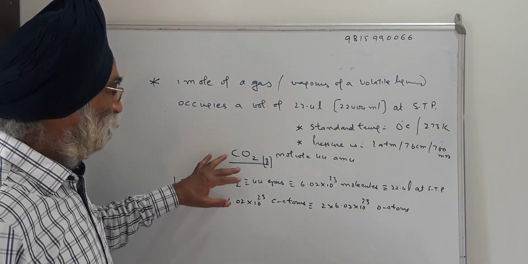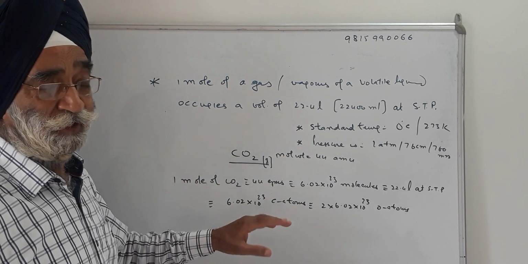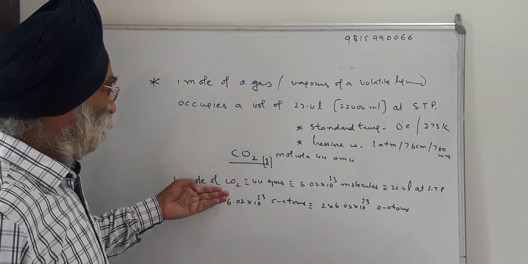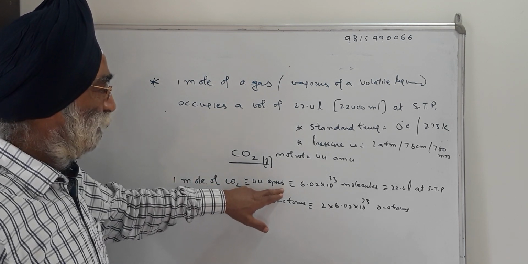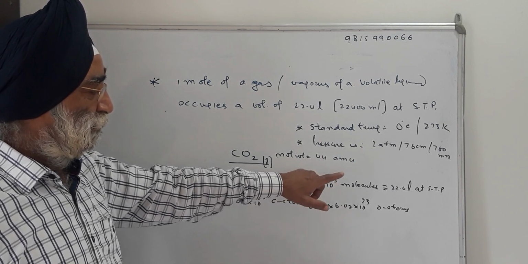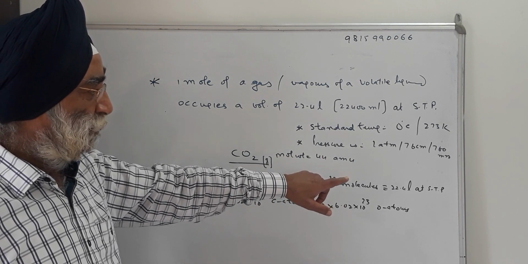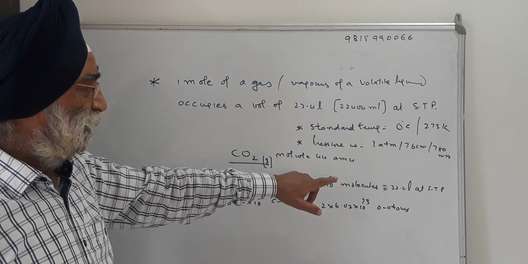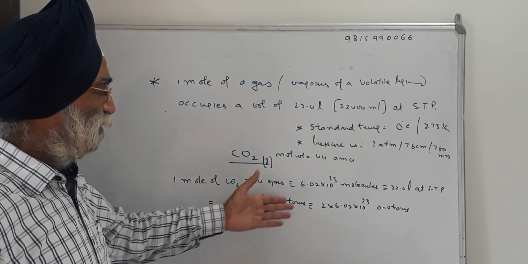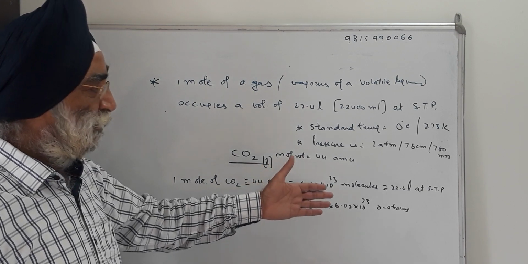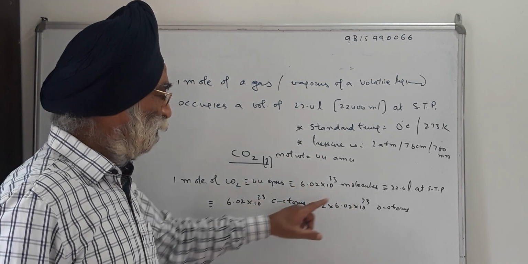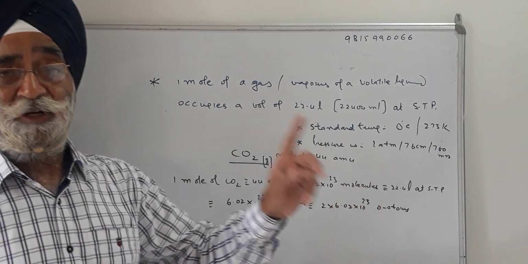So comprehensive information. We have come to know about everything so far as carbon dioxide is concerned. Its mole weighs 44 grams, has Avogadro's number of molecules, occupies a volume 22.4 liters at STP, has Avogadro's number of carbon atoms, 2 into Avogadro's number of oxygen atoms, and 3 into Avogadro's number of total atoms.